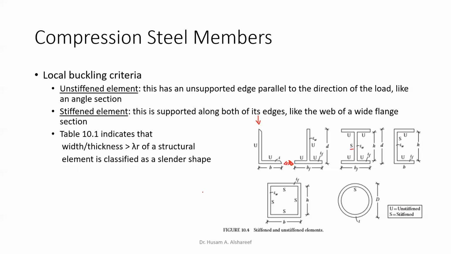So this is the unstiffened. From table 10.1, which we'll see in the next slide, if the width over the thickness is larger than lambda r, this symbol called lambda r, then it will identify a slender shape. So from this relationship, we'll be able to identify the slenderness.